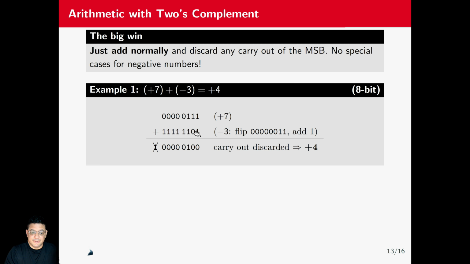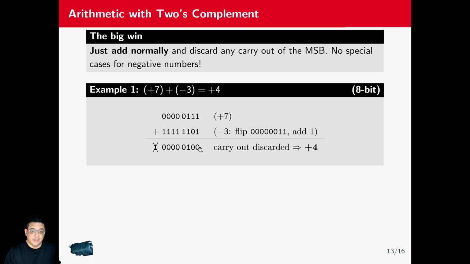But we flip it and we add 1, so we get this number. Notice that all the zeros become 1 here, this 1 becomes a 0, this 1 becomes a 0, but because we add 1, then we get this 1. So now we have the representation, and then we can add those numbers normally.